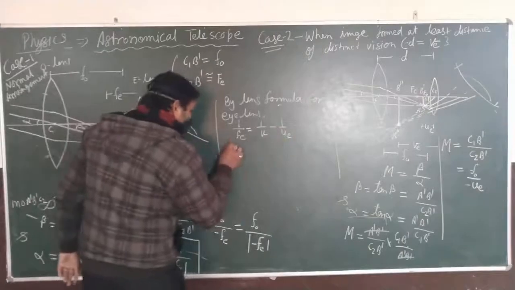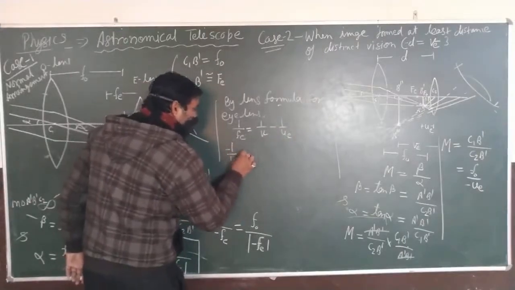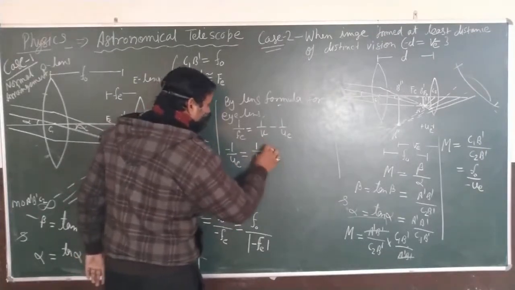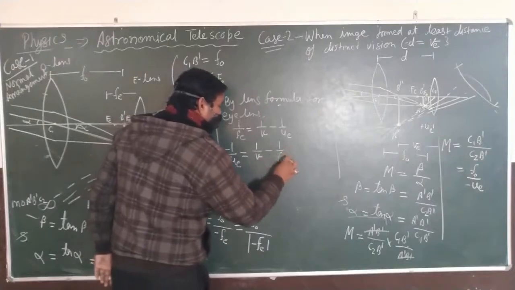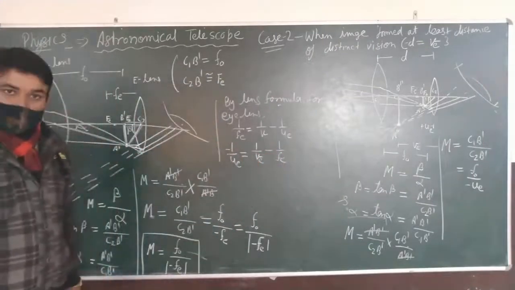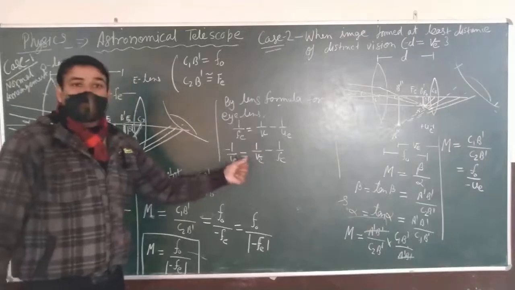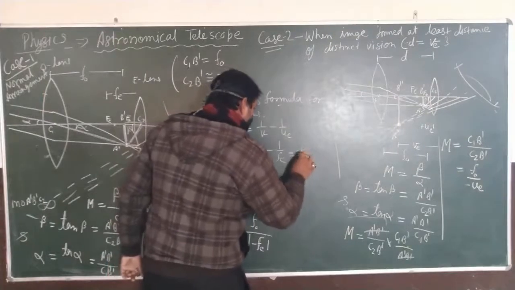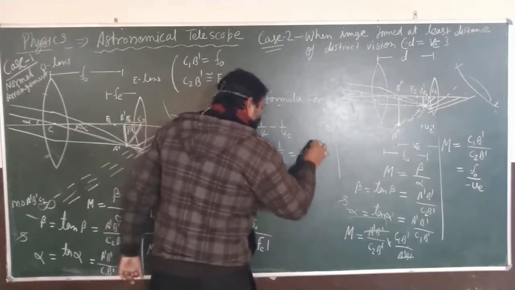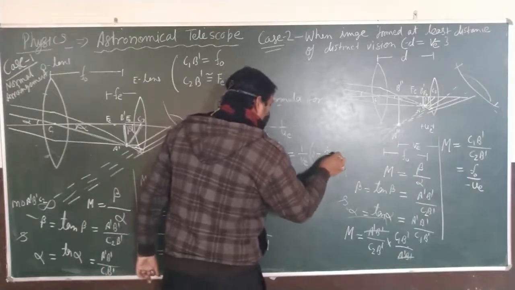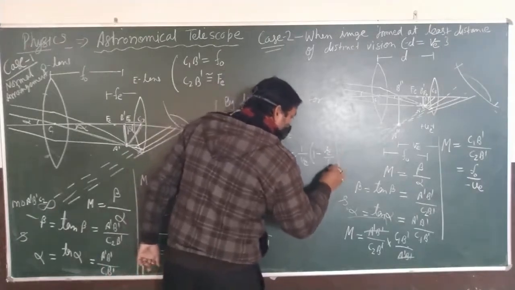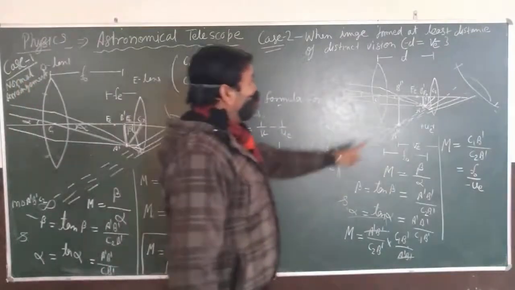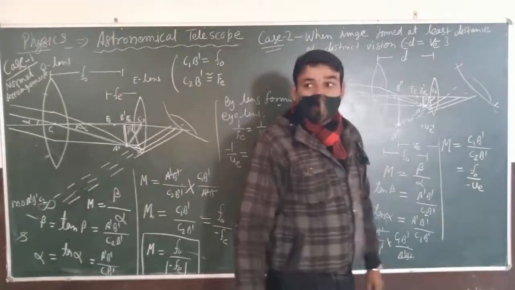Now, minus 1 upon UP is equal to 1 upon V minus 1 upon Fe. It is clear? Okay? Now take VE as common. What we get? 1 upon VE, 1 minus VE upon FE. Clear?